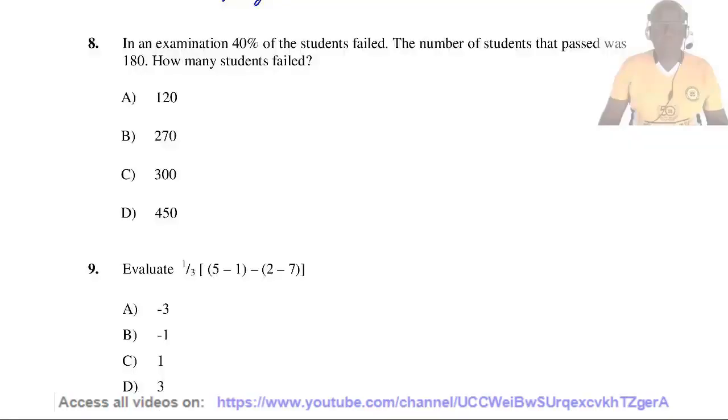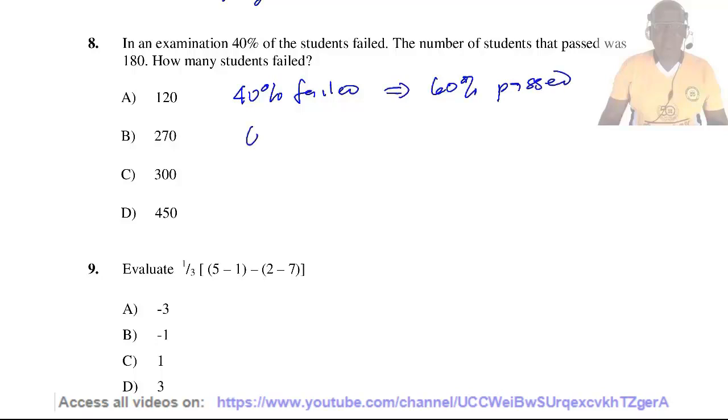Question 8. In an examination, 40% of the students failed. The number of students that passed was 180. How many students failed? 40% failed implies 60% passed. Now 60% is equivalent to 180 students that passed.